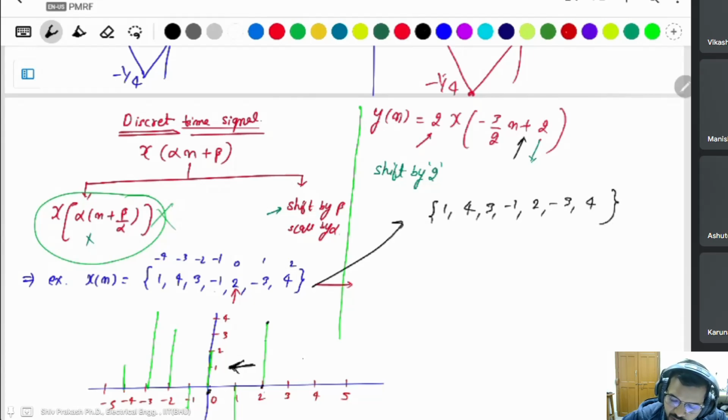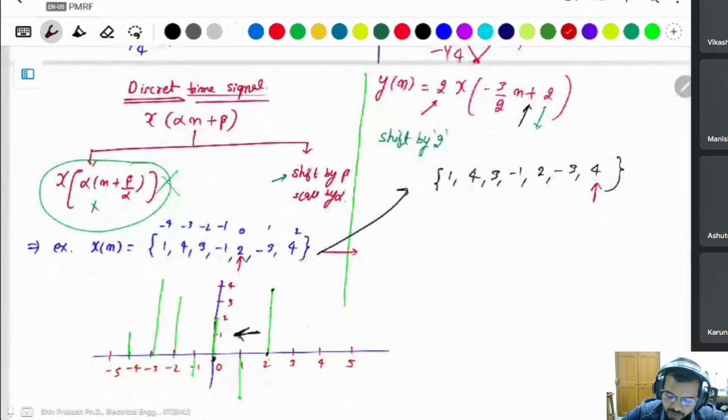Then the arrow will be shifted to position 4. It's at the 2 position. If you shift it by 2 to the left side, the signal will be this one occurs at 0. This will be minus 1, minus 2, minus 3, minus 4, minus 5, minus 6. Just at minus 4, shifted by 2, this will go to minus 6.